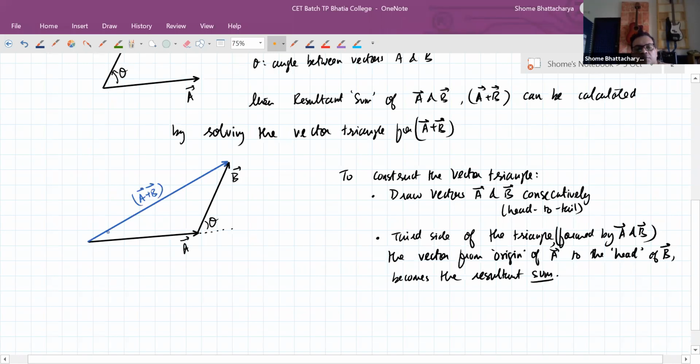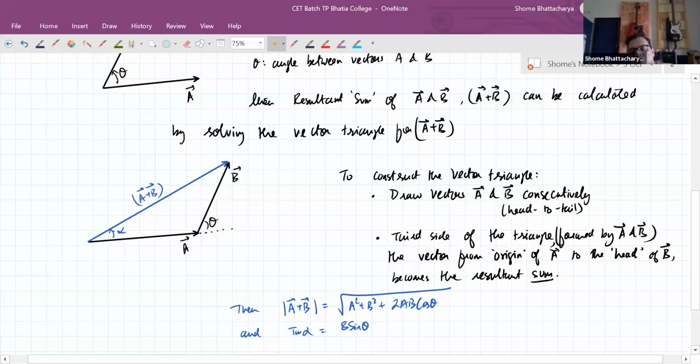The angle it makes with respect to A, suppose we denote it with the symbol alpha, then the magnitude of that sum is given by this formula, and the angle is given such that this is the case.